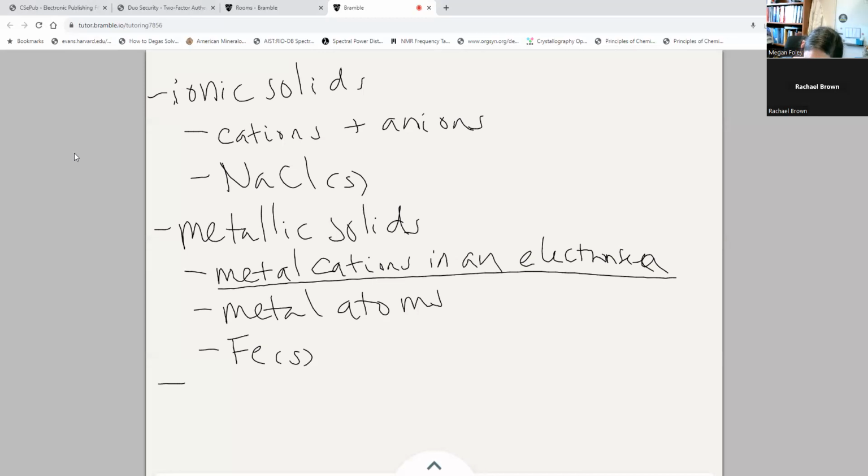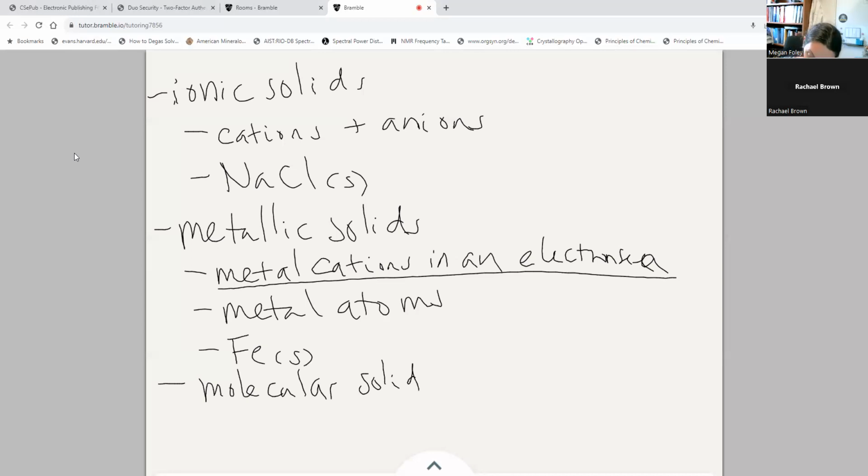Then our next type of solid is a molecular solid. A molecular solid is when we take covalent species like water or carbon dioxide, and we put it into a solid state.